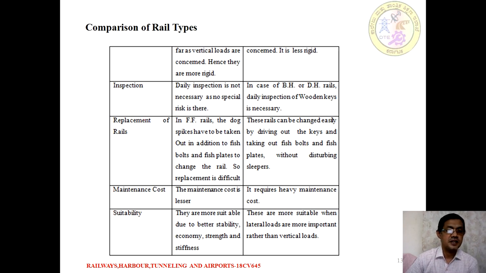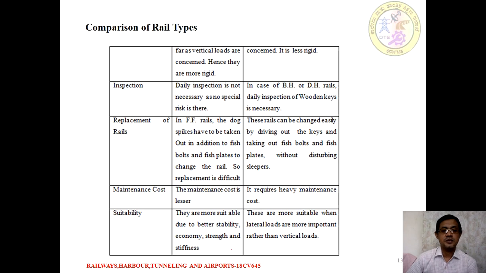For replacement of a rail in the flat footed case, the dog spikes have to be taken out in addition to fish bolts and fish plates to change the rail. So the replacement is somewhat difficult, whereas the bull headed rail can easily be changed by driving out the keys and taking out the fish bolt and fish plate without disturbing the sleeper. That is the advantage with respect to the flat footed.